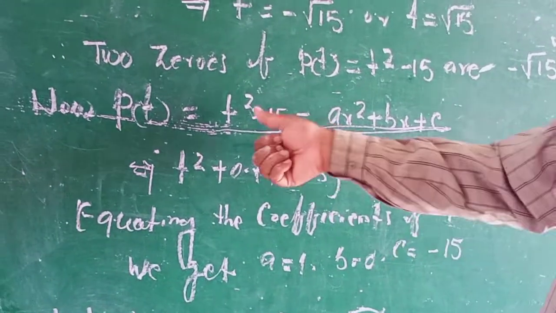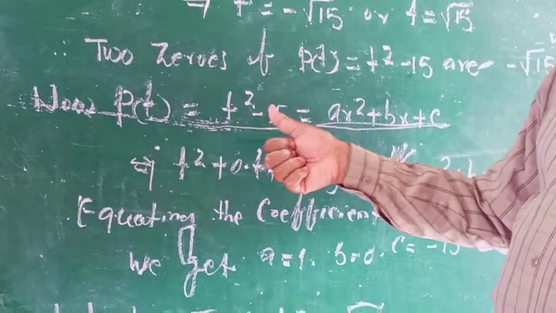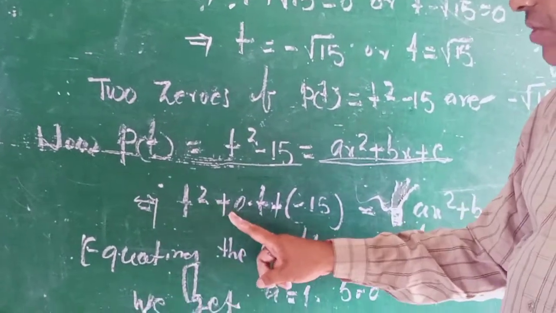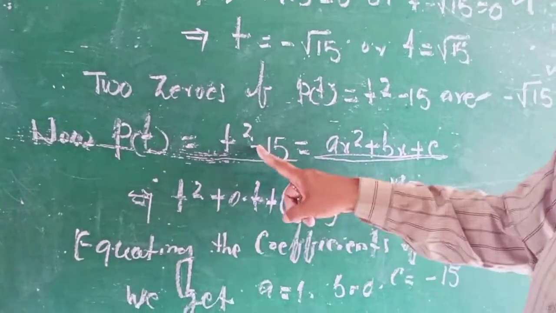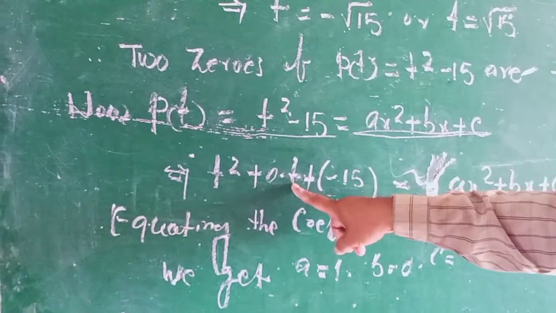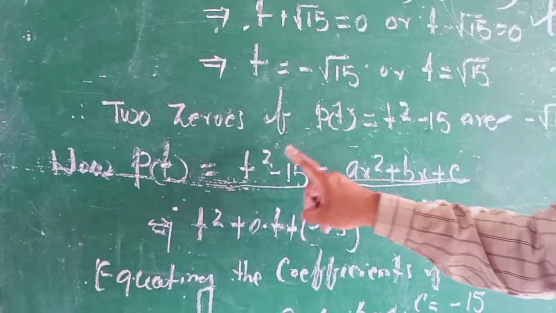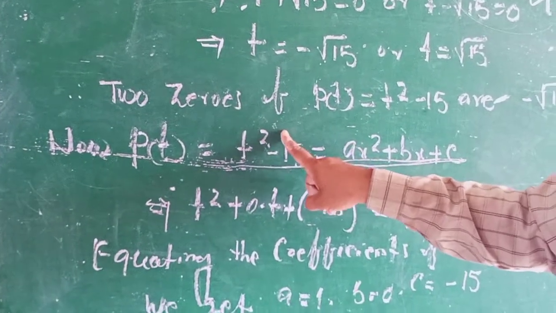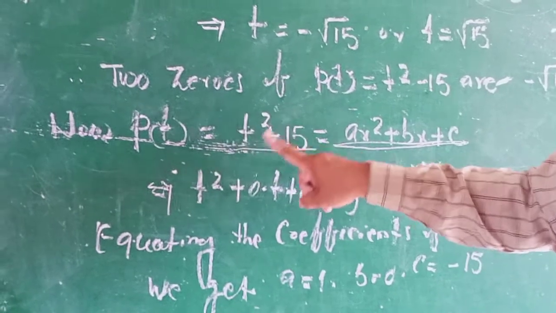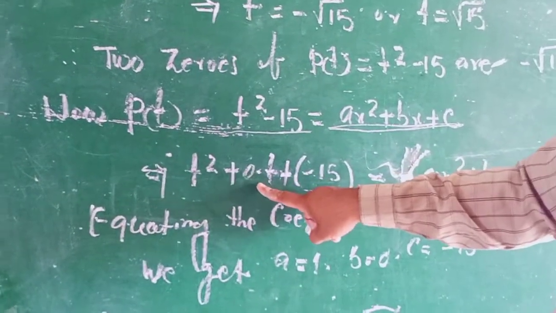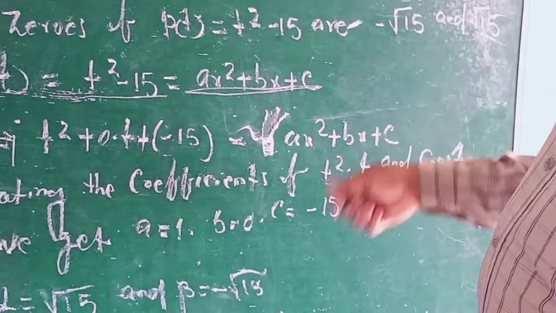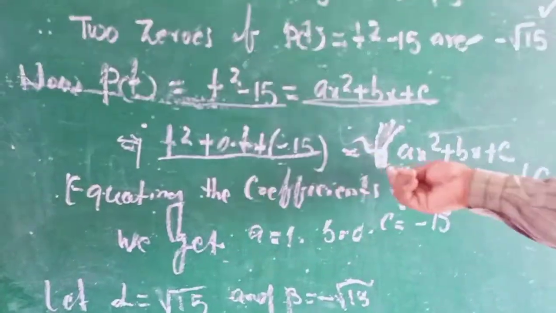Now t square minus 15 can be written as a t square plus 0 into t plus minus 15. You can write the same, because 0 into t is 0. So here there is no t, which means the coefficient of t is 0. So therefore I have written 0 into t is equal to ax square plus bx plus c.